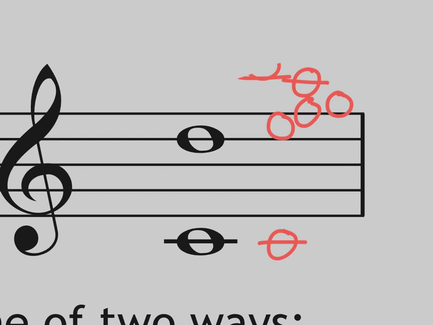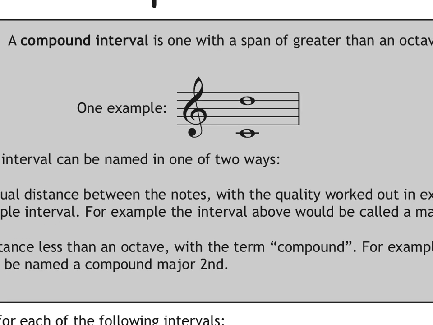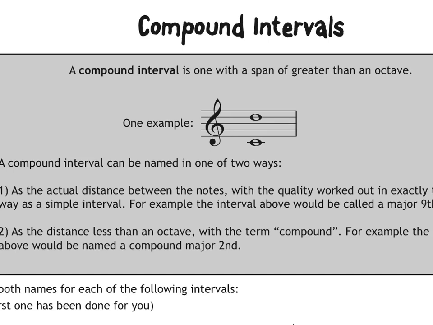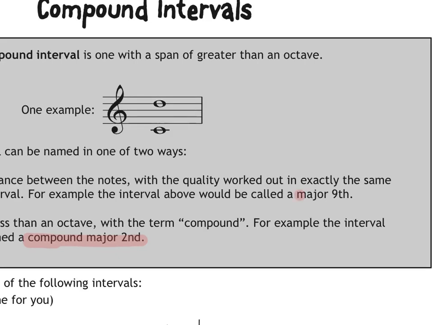It's a compound version of the simple interval. That's one way to do the notation. The other way is, instead of saying compound major second, right here, instead of using this language, we call it a major ninth.